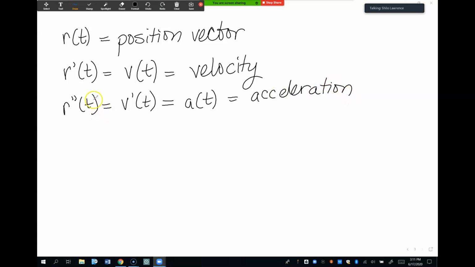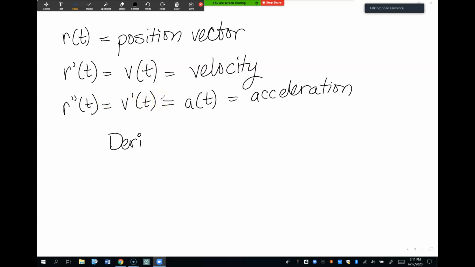And we can do these derivatives just component by component. Each of our individual components within our vector valued function are going to be just simple expressions with a t variable. So taking their derivatives should be fairly simple using all the same rules that we learned in Calculus 1.